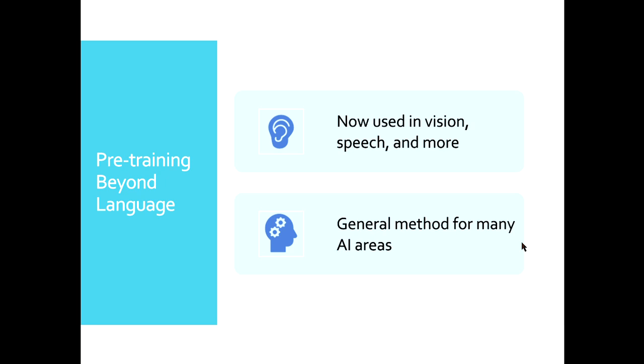Let's look into pre-training beyond natural language processing. Although pre-training started with language, it's now being used in other areas like computer vision and speech processing. For example, vision models are trained on millions of images and then adapted for things like object detection or image captioning.